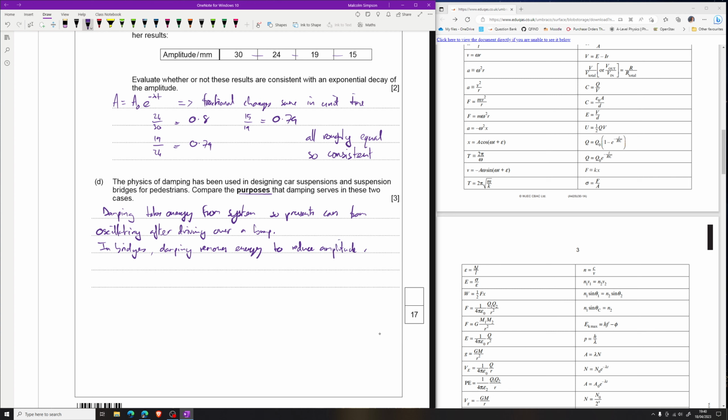I'm not really sure what they want here for 3 marks, so I've just basically described what damping does in a car, and what it does in a bridge to reduce the amplitude of swaying.